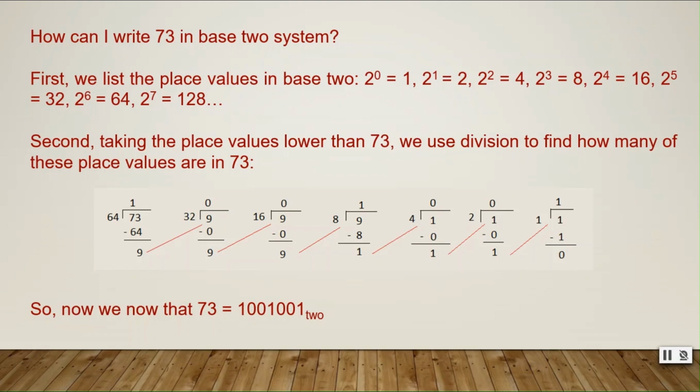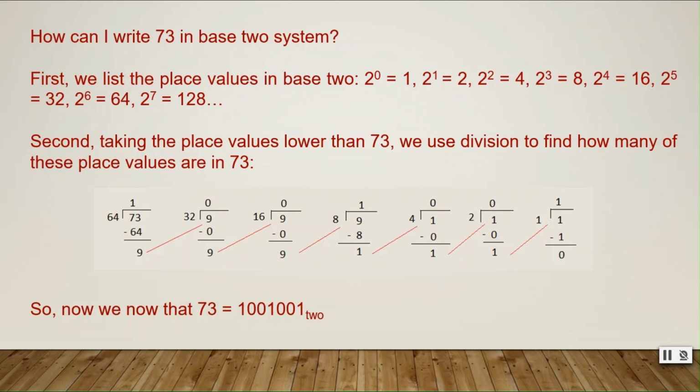So subtracting 8 from 9, we get remainder 1. We divide the remainder 1 now by 4, that is the next place value. 4 goes 0 times into 1, so the remainder is again 1. Then we divide 1 by 2, 2 goes 0 times into 1, so we get remainder 1.